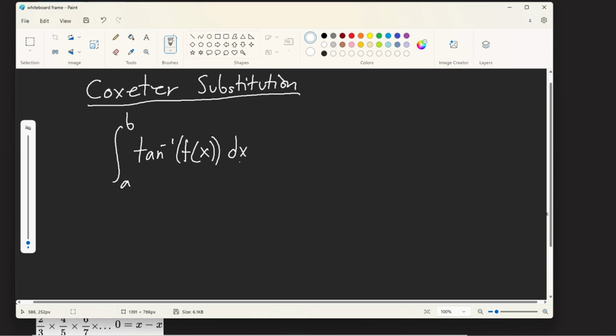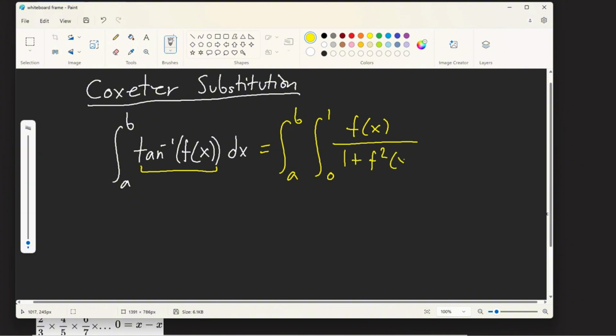So if you have inverse tangent of f of x all around your integral, what you do is you turn this into a double integral, and you consider an integral from 0 to 1 of f of x over 1 plus f of x squared t squared, dt dx.